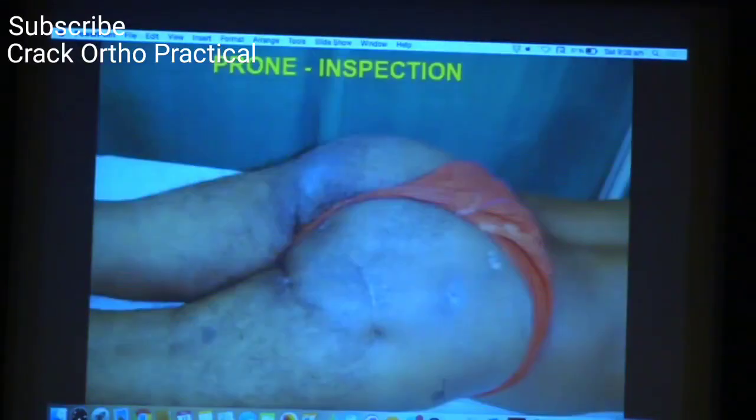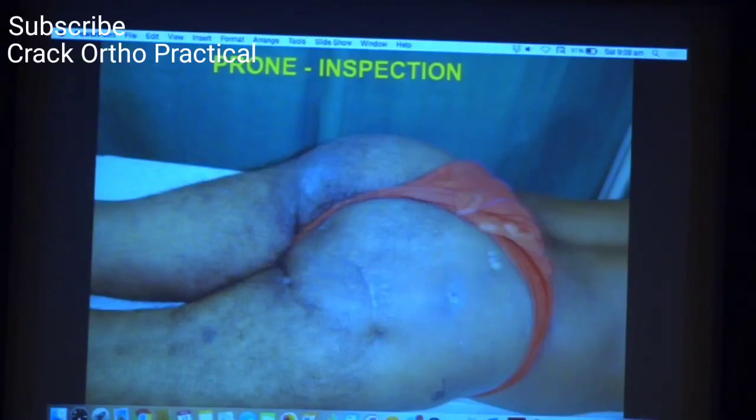And this is in the same patient, when we made him lie prone, there was an obvious gluteal wasting, and we had some healed sinus tracts, and there was a transverse scar, which was a primarily healed scar.